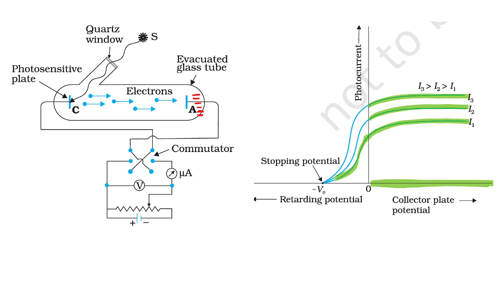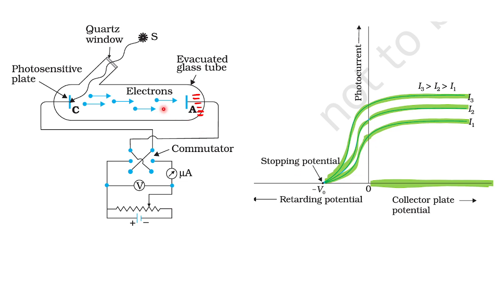This is because the electrons are free in C, but they are unable to move towards A. Electrons are produced, but they are unable to go to A. So by increasing the negative potential, we can stop the photocurrent.